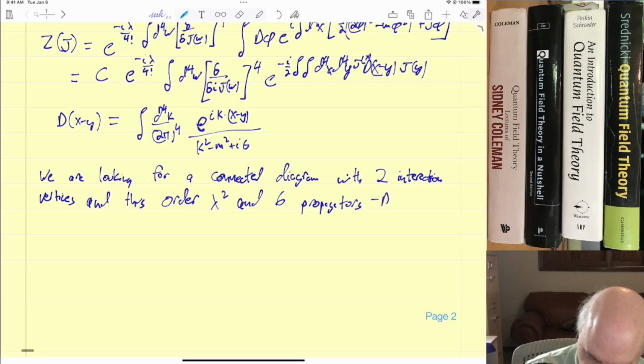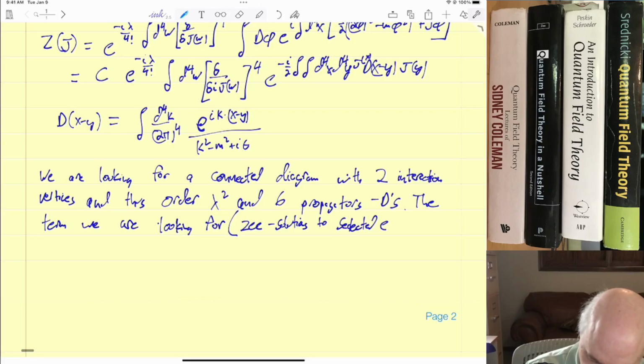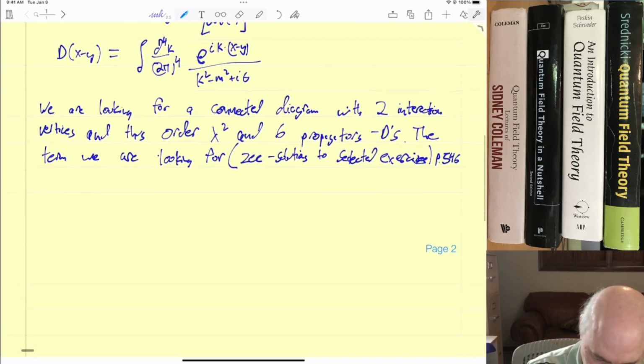Those are the D's. So the term we are looking for, and Srednicki gives this if you look in the solutions in the back of the book to selected exercises, sort of a hint to get you started.